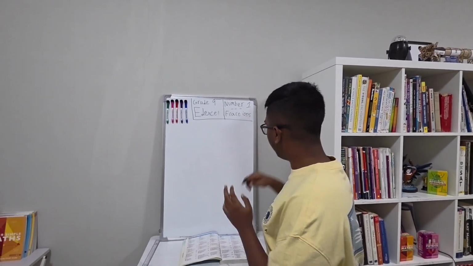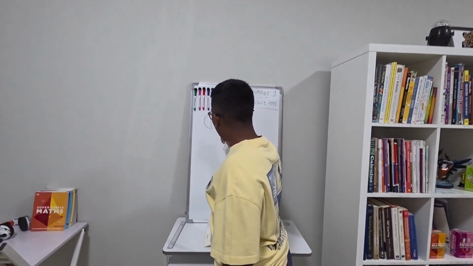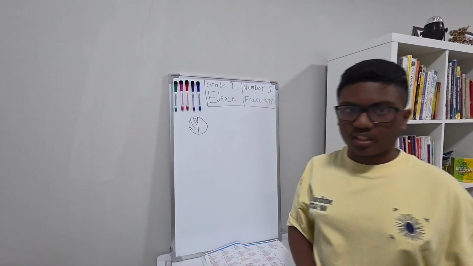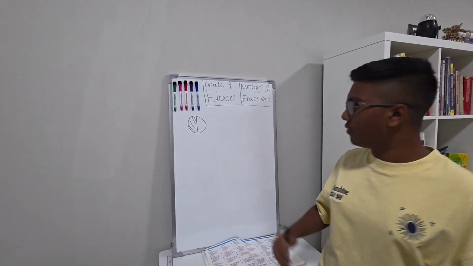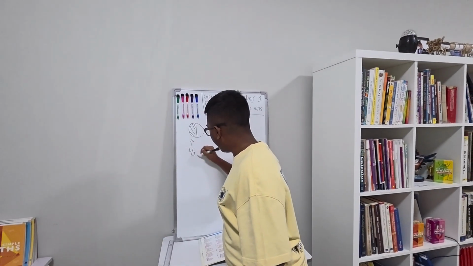So, fractions. As the name suggests, fractions are a part of the whole. For example, if I draw a circle and divide it in half, this part of the circle, which is 1/2 of the circle, would be written as 1/2.